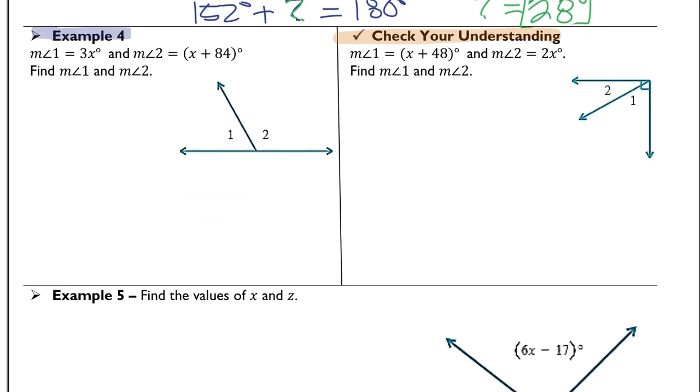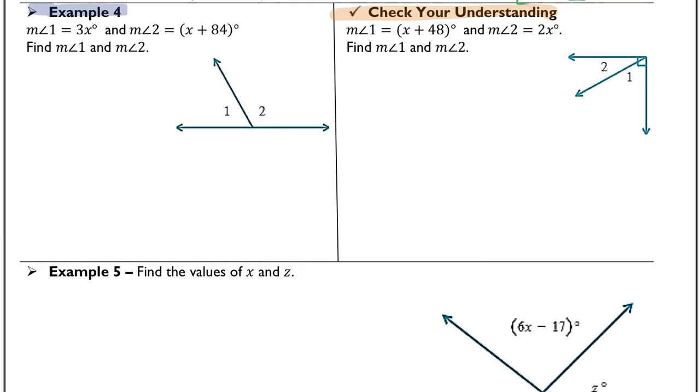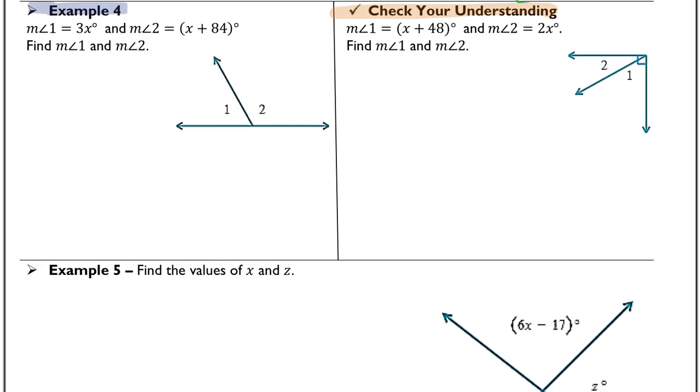So let's think about our last ones. We're going to use linear pairs, complementary, supplementary, and vertical angles. So how do I do this? We know that the measure of angle 1, let's do this in red, is 3x. So this right here is 3x degrees.